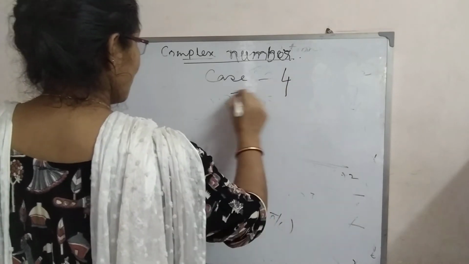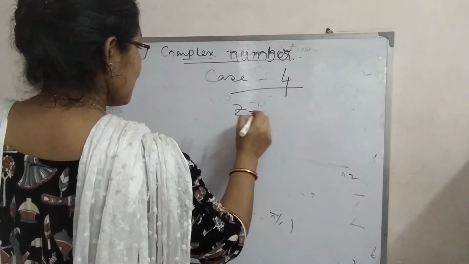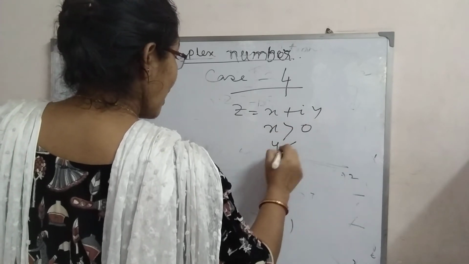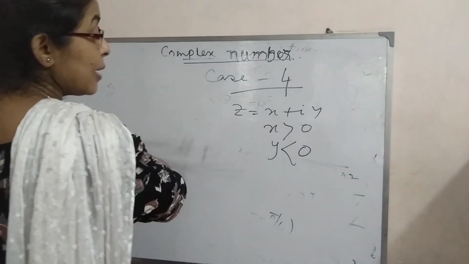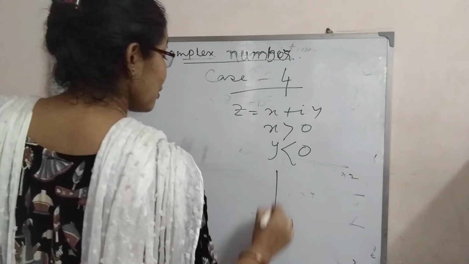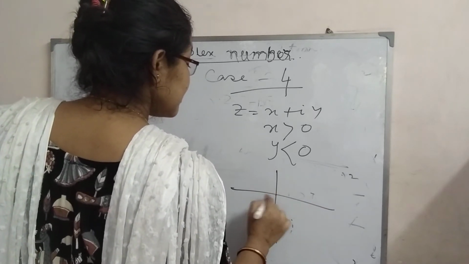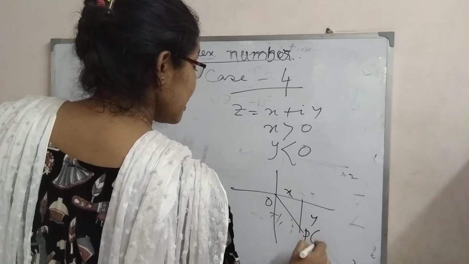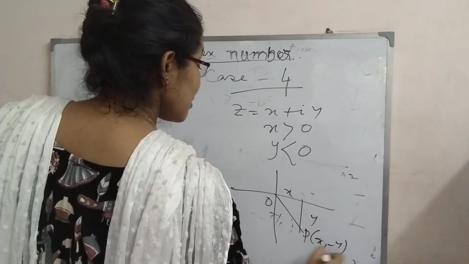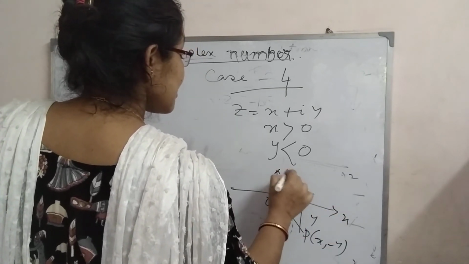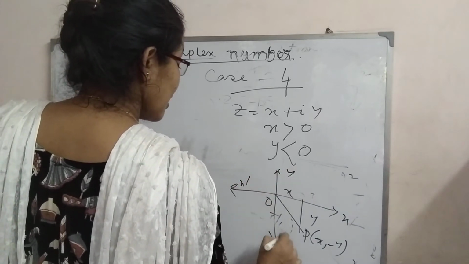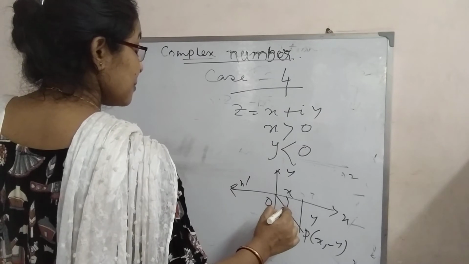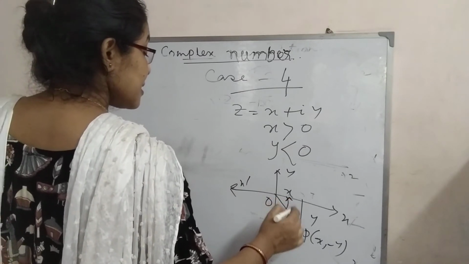Case 4. Here z equals x plus iy, and here x is greater than 0 and y is less than 0, that is, P lies in the fourth quadrant. This is x, this is y, this is x dash, this is y dash, and this is theta.